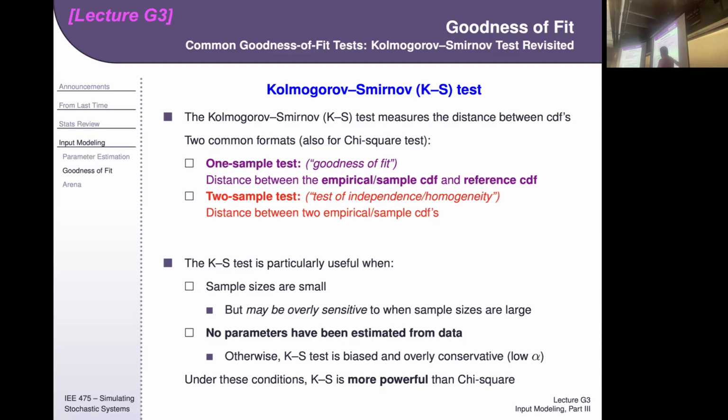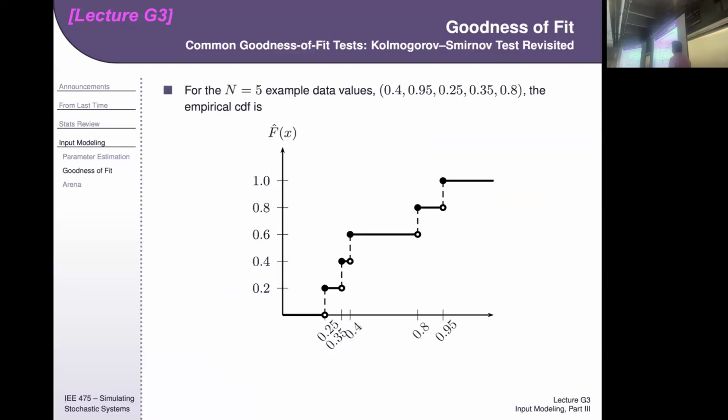But when these conditions are met, it's much more powerful. So with very little data, you can still detect a difference from a distribution. So I only have 10 samples. If the KS test said those 10 samples aren't normally distributed, they're not normally distributed. It is a powerful test, whereas the chi-squared test probably won't be able to detect that difference.